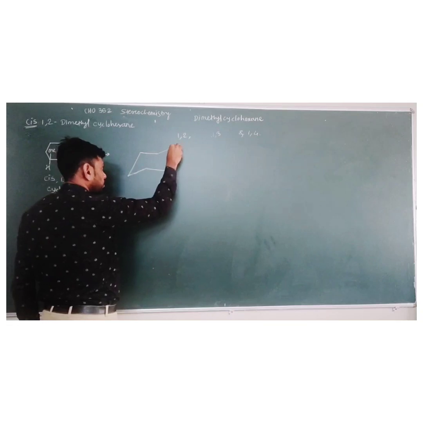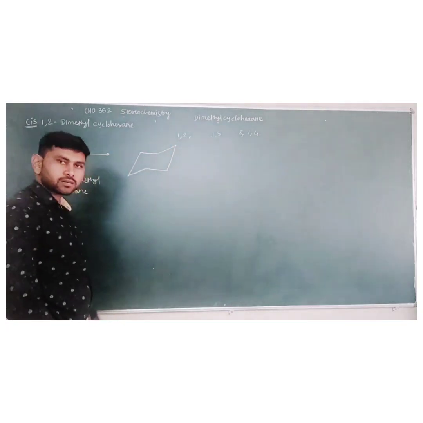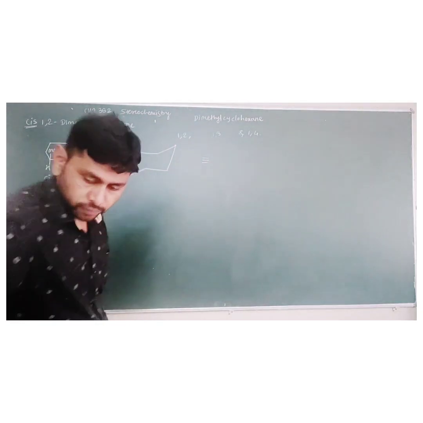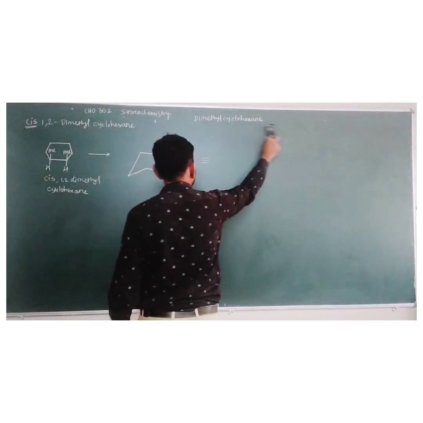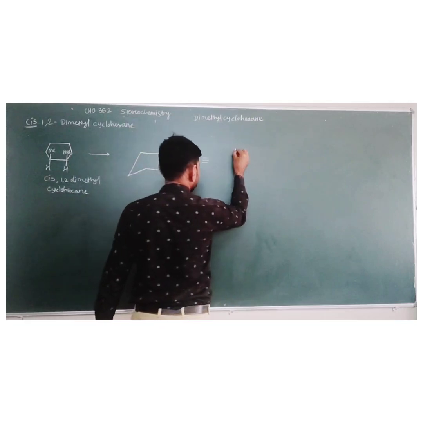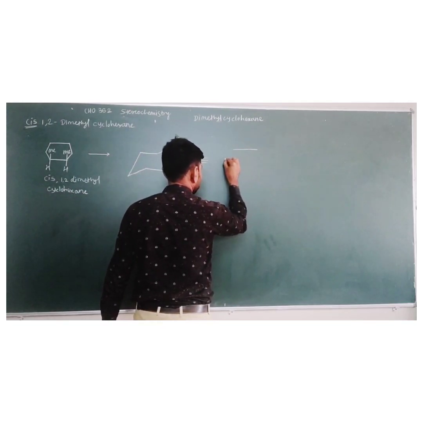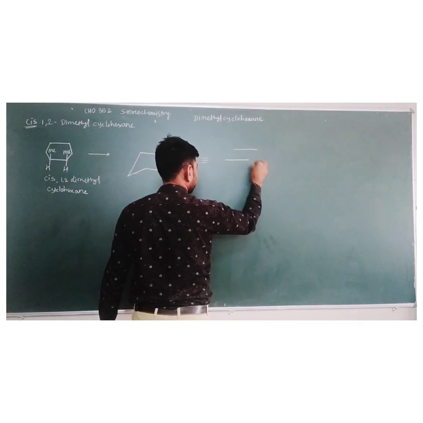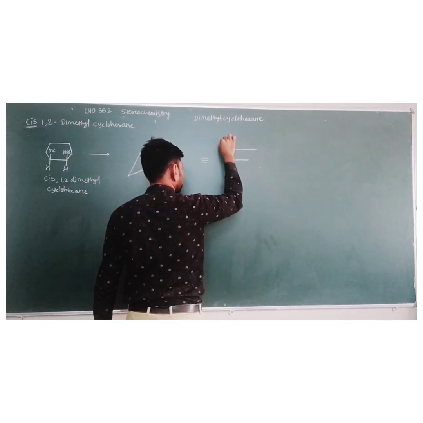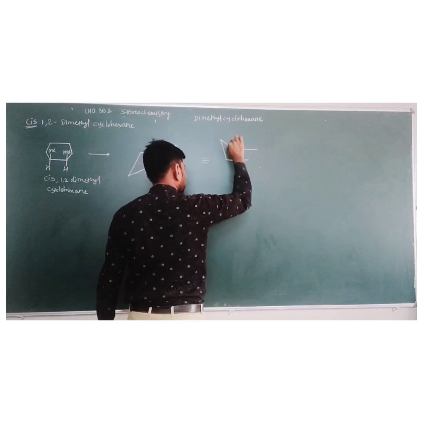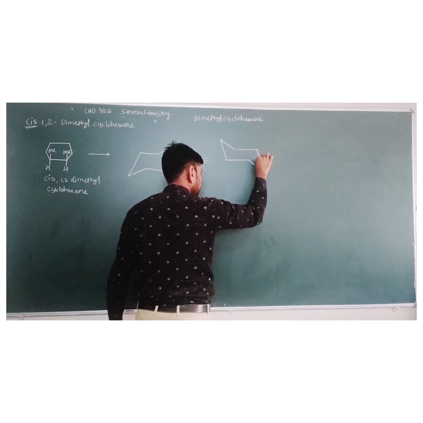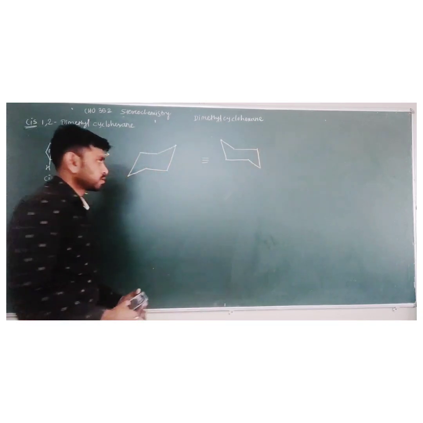Last lecture I told you how to draw the chair conformations properly. This is one form, and another we can draw in this manner. So this is another chair form.